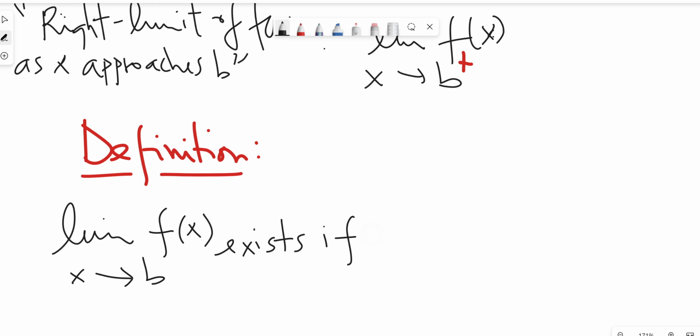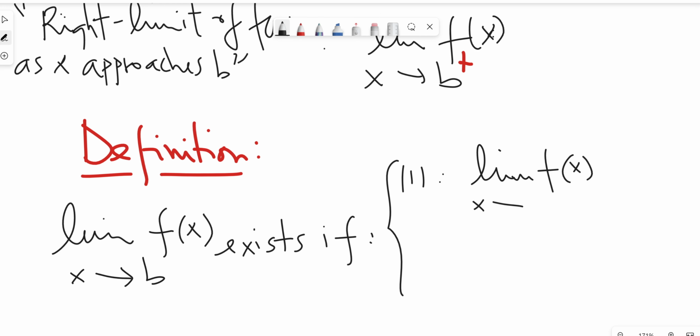three conditions must be met. First condition is the left limit must exist, meaning that limit is equal to a unique fixed number.